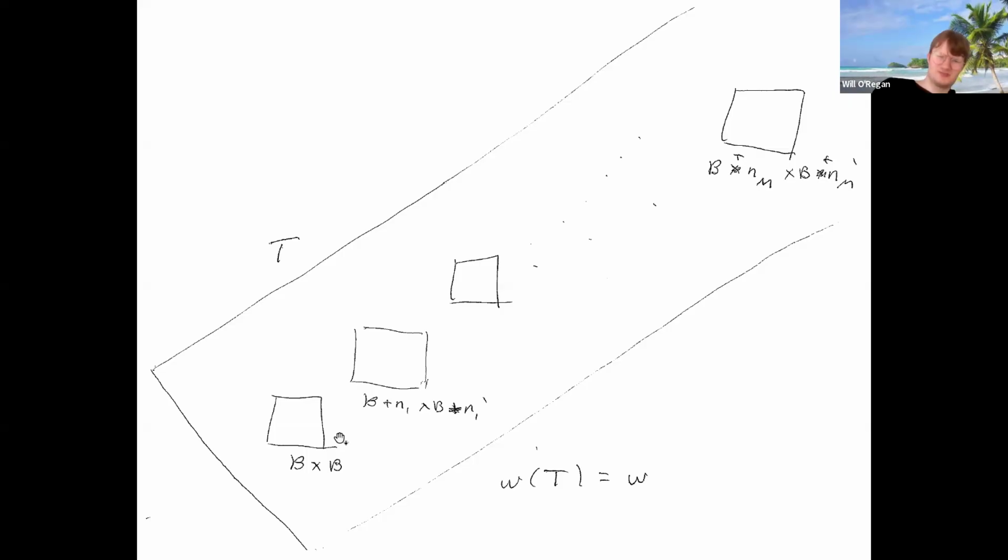So what I'm going to do is pick up B cross B, and place it upwards, away from this line. And you can just keep doing that, by translations. The translations I'm going to use are just these natural numbers, these n1, n1 prime.